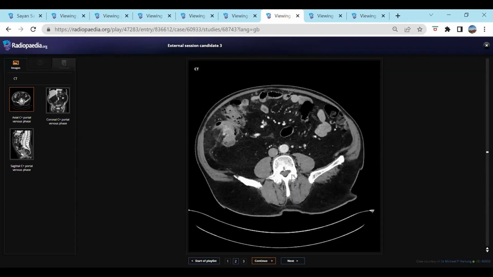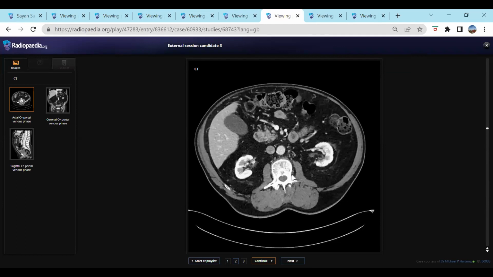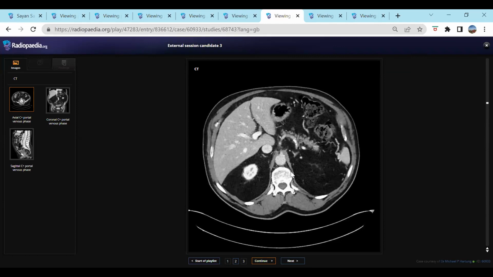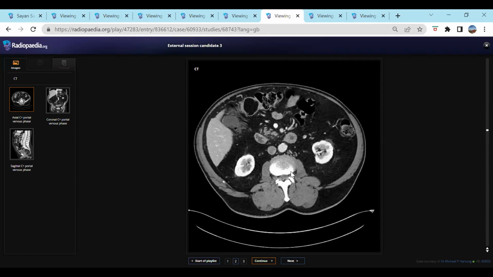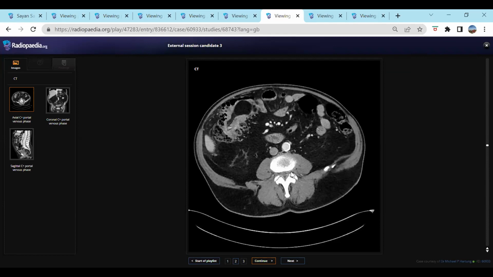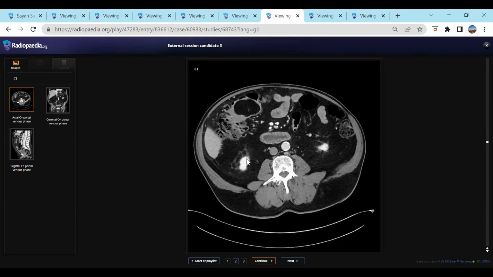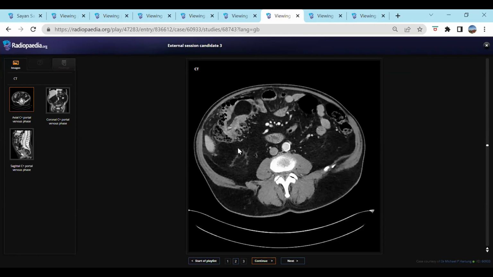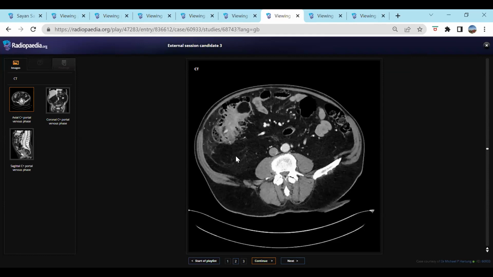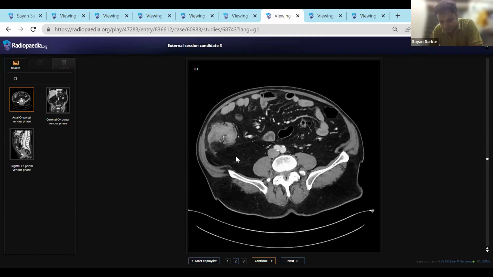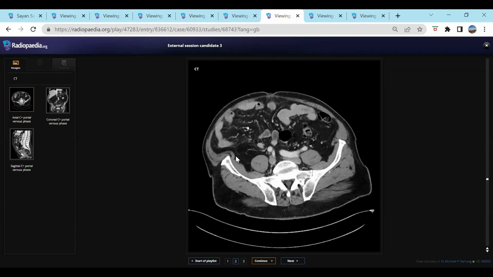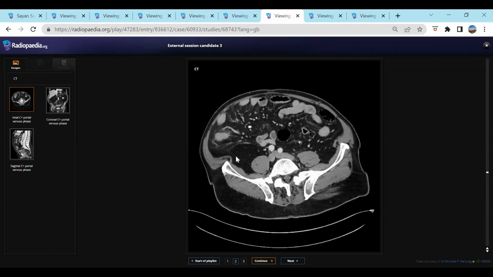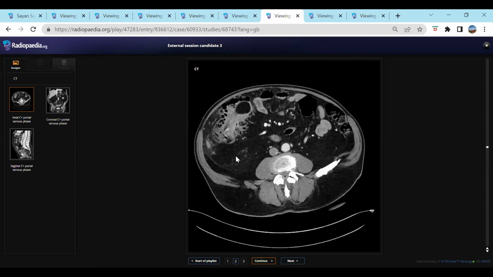There's no evidence of small or large bowel dilatation. Especially in the right colon, it shows circumferential wall thickening, and there is some diverticulosis as well. This appears to be an inflamed loop of bowel on the right side of the colon. It could be an infective colitis, and the colonic lipoma could be an incidental finding.